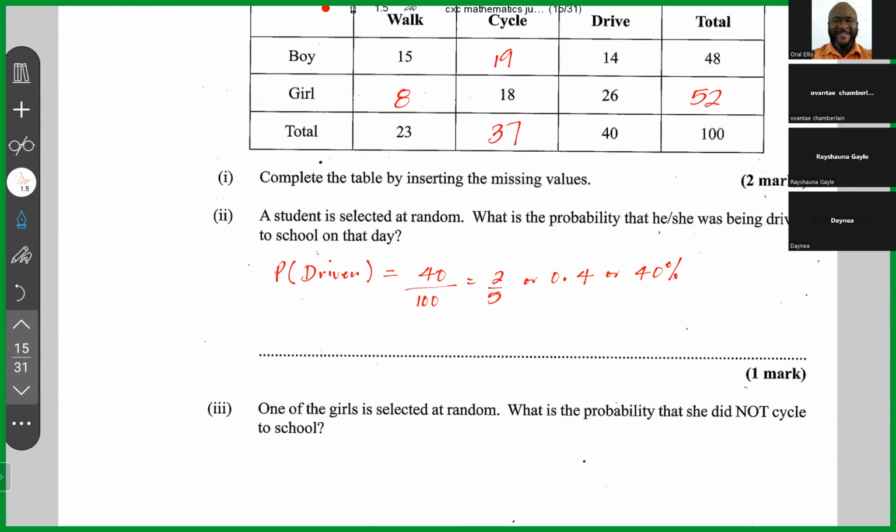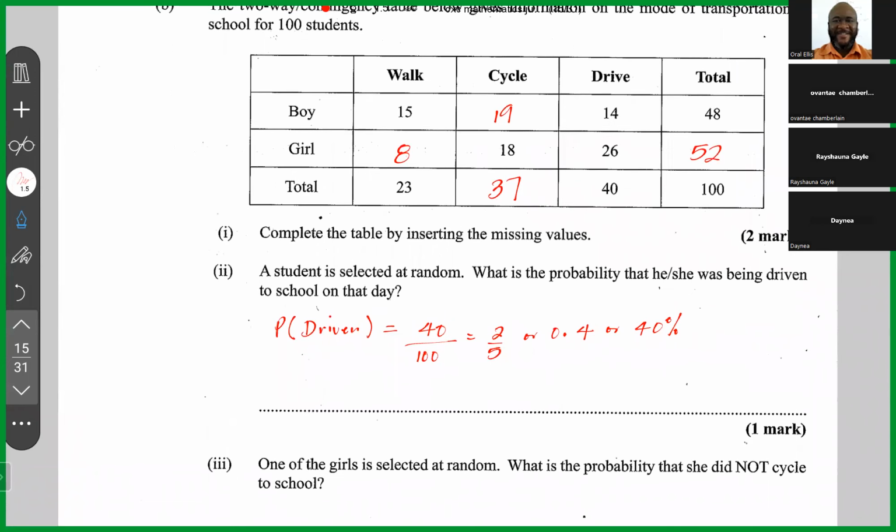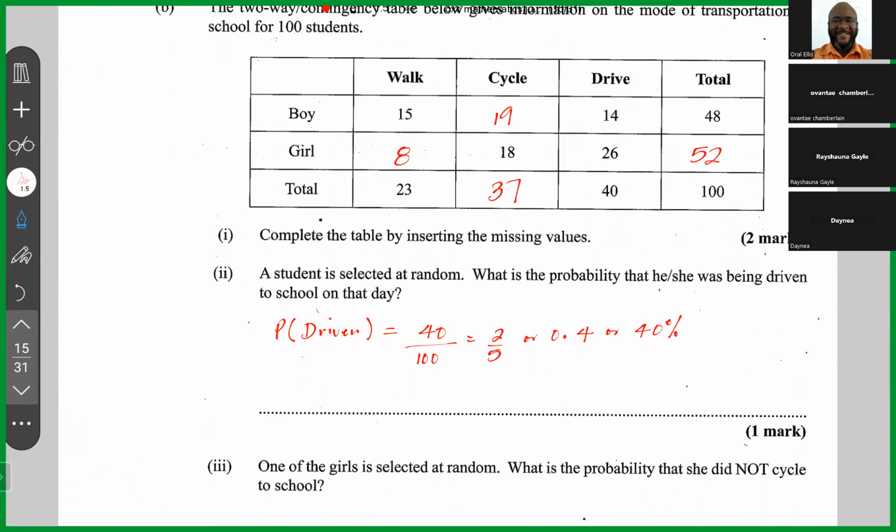Here it is. One of the girls is selected at random. What is the probability that she did not cycle to school? So let us see how many girls did not cycle to school. Girls, so a total of how much? Who did not cycle? It's 8 plus what? 26. That's 34.